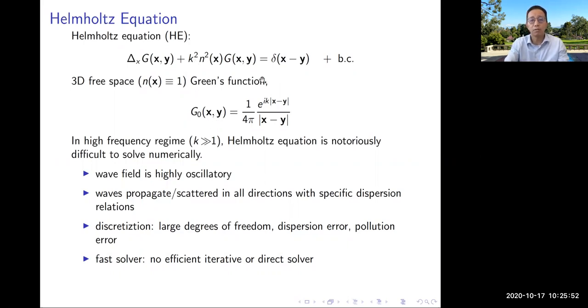If you look at the Green's function, when N is equal to 1, if you don't look at the numerator, it's exactly the Green's function for the elliptic equation. It decays at the same speed. But the big difference is a highly oscillatory function, which does not decay with distance, and the oscillation increases with K. So we all know this is notoriously difficult to solve numerically.